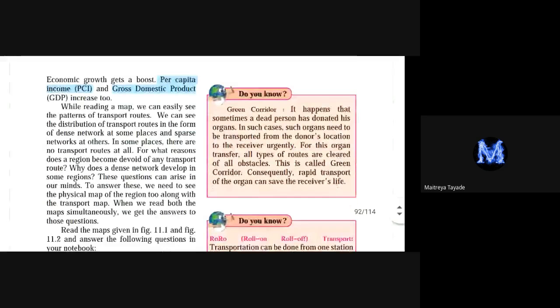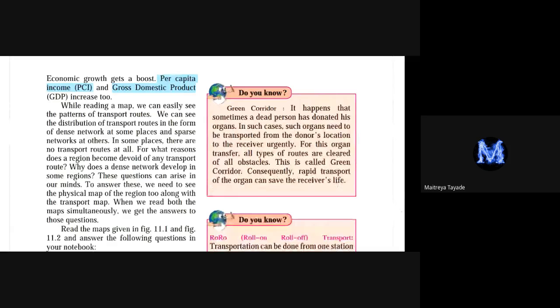Economic growth gets a boost. When we build modern basic transportation infrastructure, we require a lot of manpower. Different companies get tenders and contracts to build highways, bridges, railway lines, and airports.